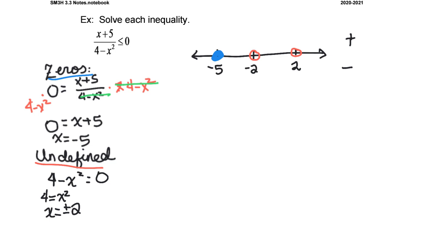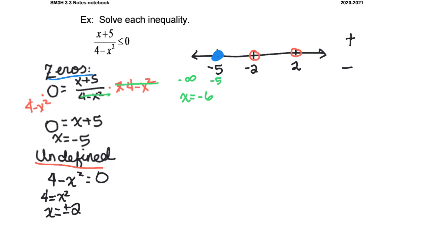So I'm going to pick values to test. And the first interval is from -∞ to -5. So I'm going to pick -6. I know this is the only place that it's going to cross or touch the x-axis.